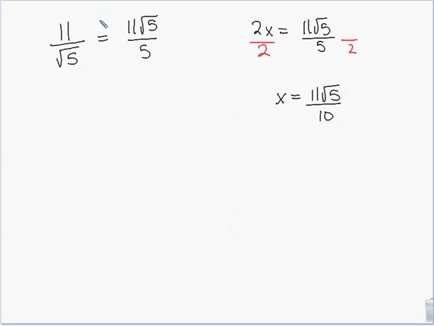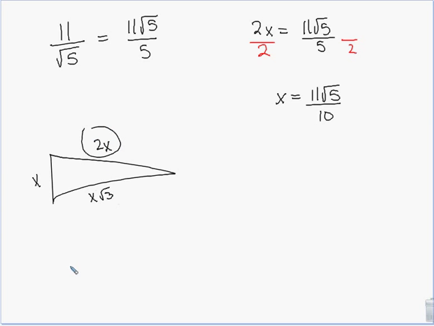But this won't be your 2x. What'll most likely happen is you have your x root 3, and 2x. This will be a number. And then you divide by 2 and put it here. But if this is a number, that is when you'd have to divide by the square root of 3.